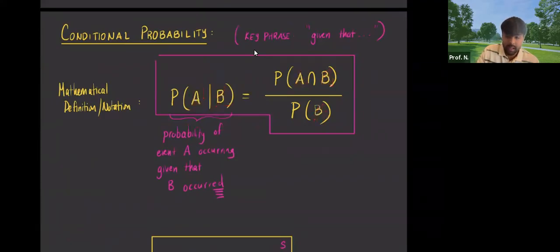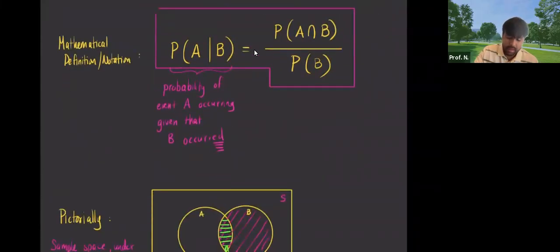So does it matter? Yes, it does matter. I'm saying the probability of A given B means: what's the probability that A occurs given that B occurs?